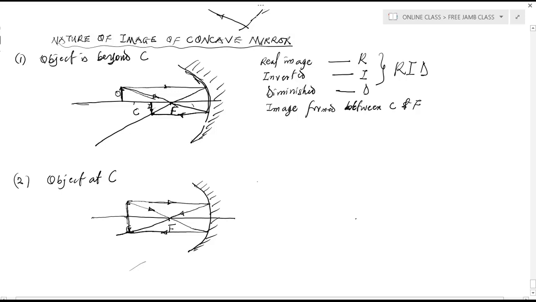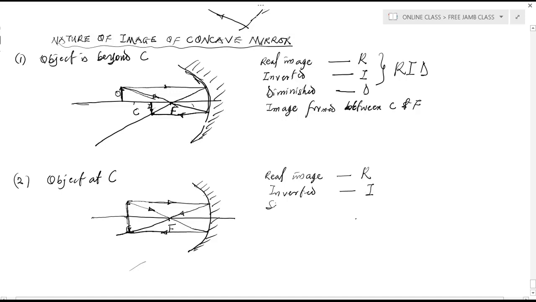You will now see that the normal thing that happens here is that the image is formed in front where you have the mirror. The image is real, R again, is inverted, I again.